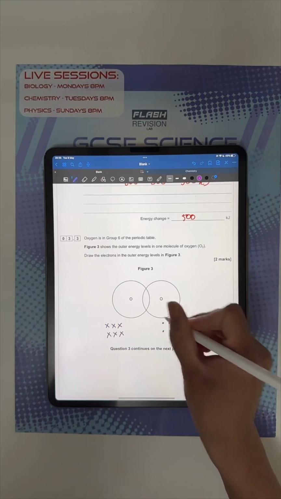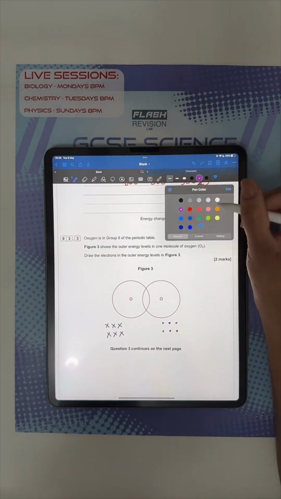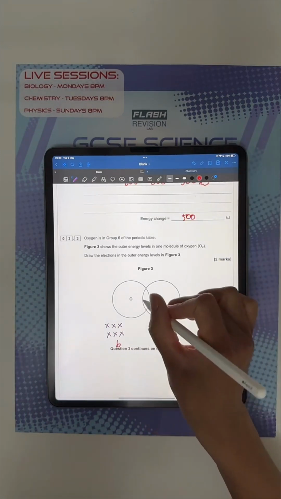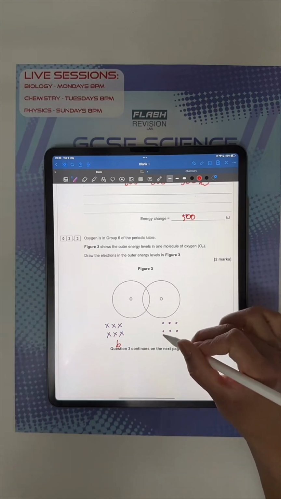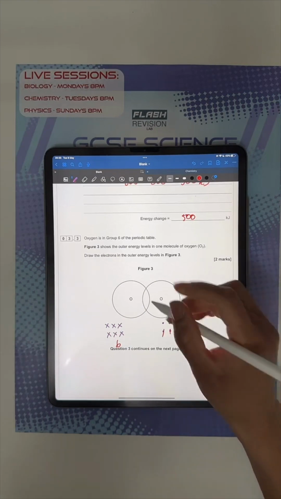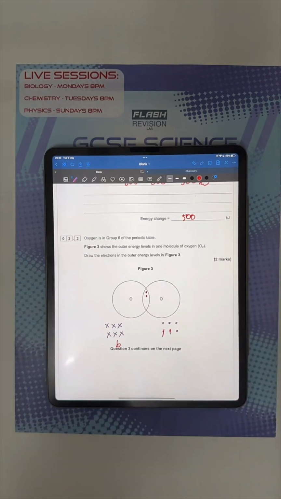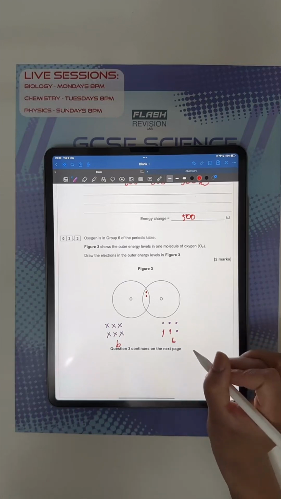So you write the outer electrons. So you've got 6 crosses, 6 dots. And what you want to do is from this side, you've got 6. You need 8 to get a full outer shell. So you borrow 2 from here. So let's take these 2. If you're borrowing it or sharing it, you put it in the middle. On this side, you've also got 6 electrons.